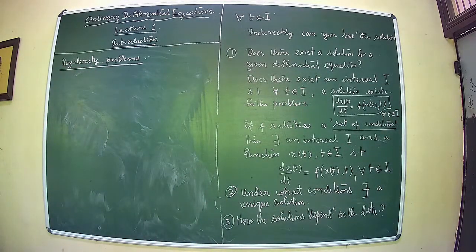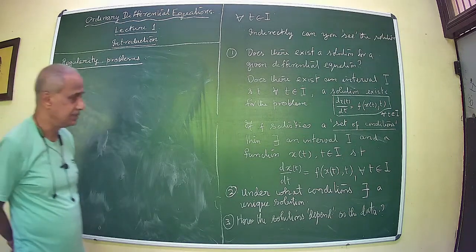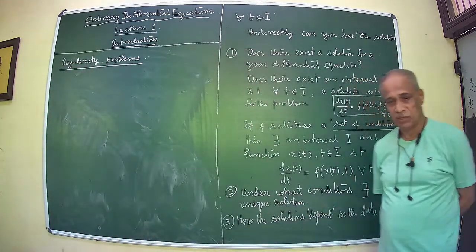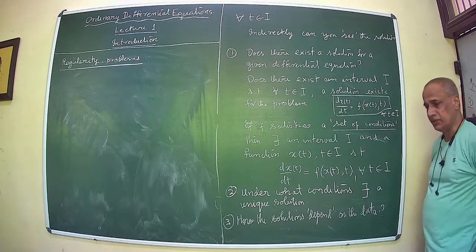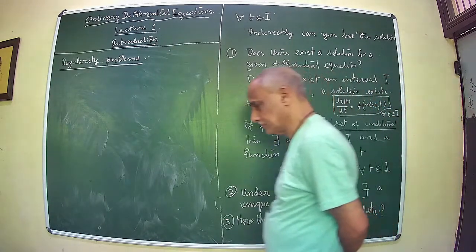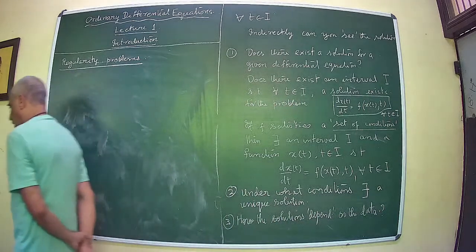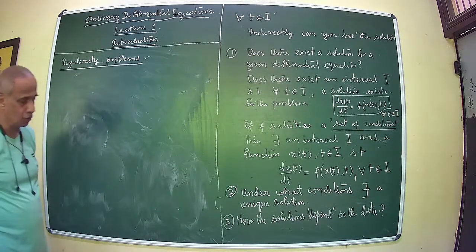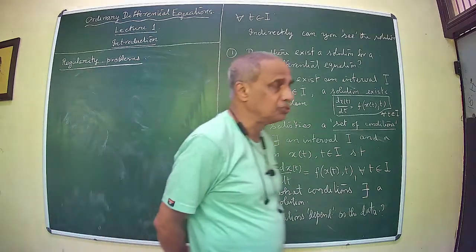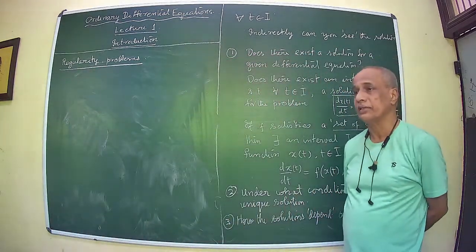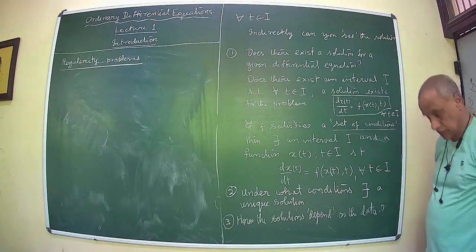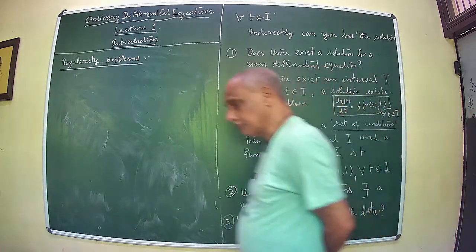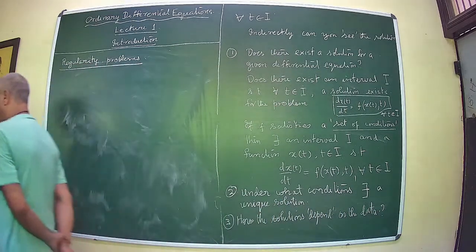How much of that is inherited by the solution? Essentially you are asking a question about how the smoothness of the solutions is related to the smoothness of the initial data.